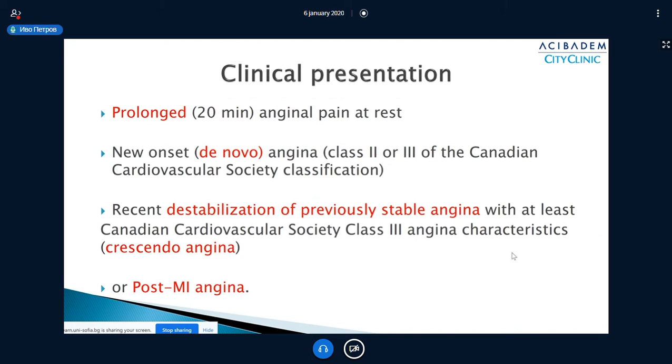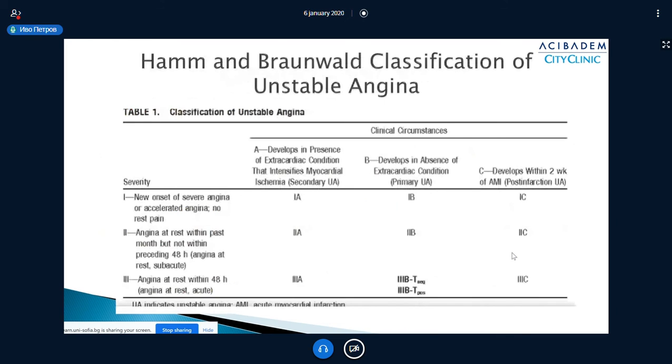We have new onset de novo angina, and we have destabilization of previously stable angina, and we have patients with heart failure during the several episodes of chest pain.